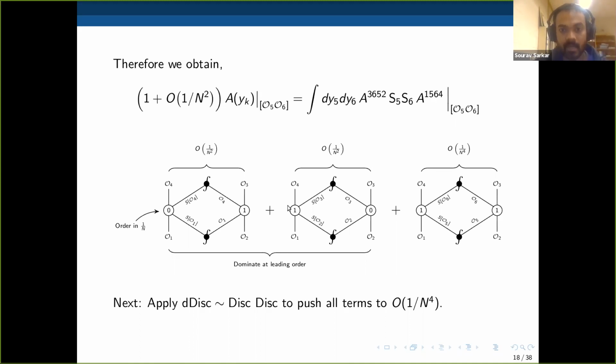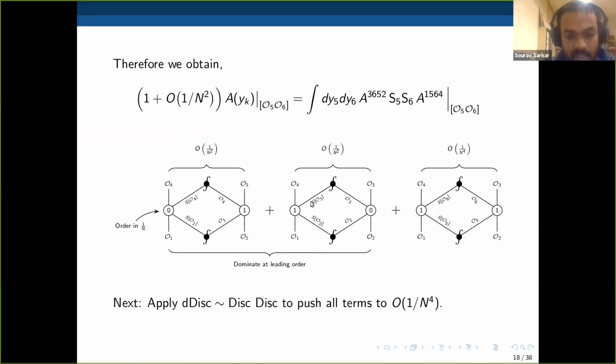Now, operators 5 and 6 can also be equal to the external operators, say 5 can be equal to 1 and 6 can be equal to 4. So there are two distinct cases: when 5, 6 is equal to one of the external pairs, represented by the two diagrams on the left, and the other case when they're distinct.